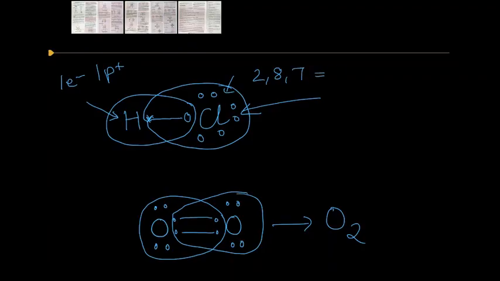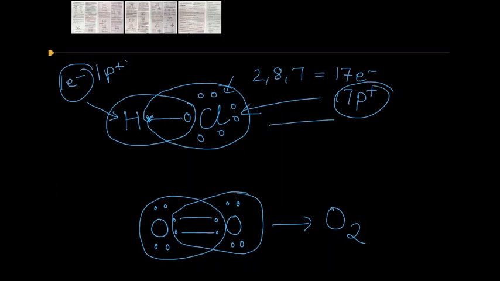So in total it has 17 electrons, which is equal to 17 protons. When we compare the negative charge here and the positive charge here, which one is more? Naturally, chlorine is more.